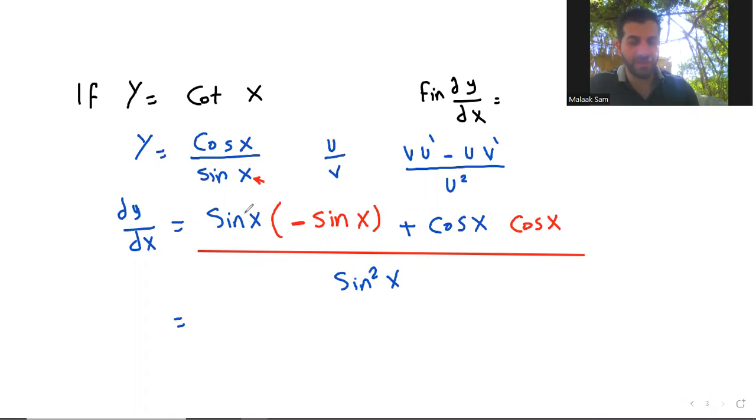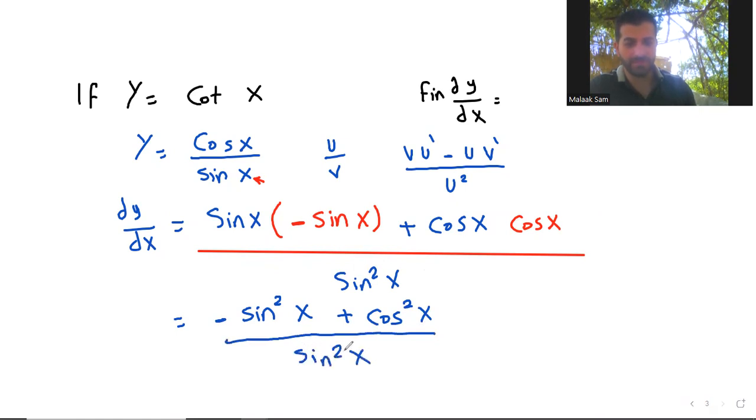So here we have sine x multiplied by negative sine x, it's negative sine squared x, plus cosine x multiplied by cosine x is cosine squared x, over sine squared x.